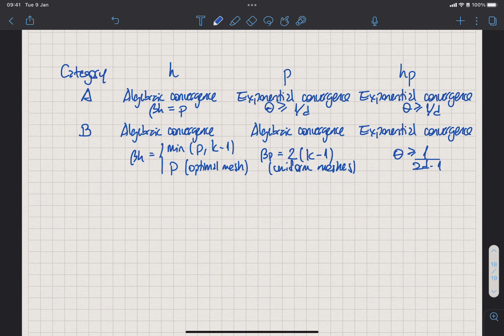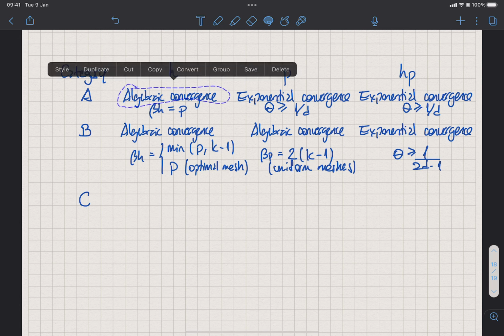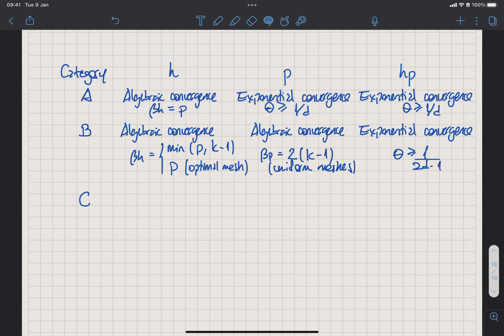We have problems in category A and B, and then we're missing category C, which is the worst, right? All we can say about this is that those problems can actually still be solved, but we can only say that the rates are positive. So you can still reduce the error.